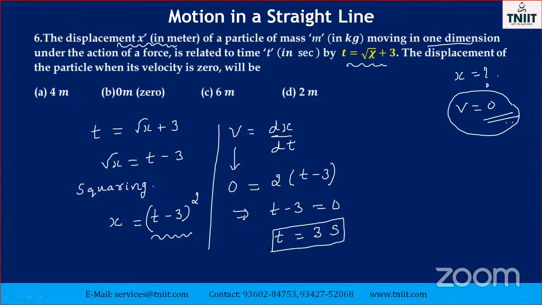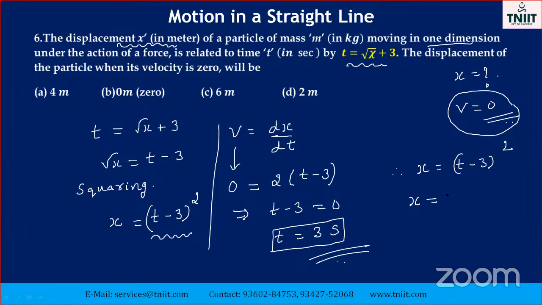So what is the time, students? The time taken is equal to 3 seconds. But they are not asking you to find the time. They are asking you to find the displacement x. Therefore, consider x is equal to t minus 3 whole squared.